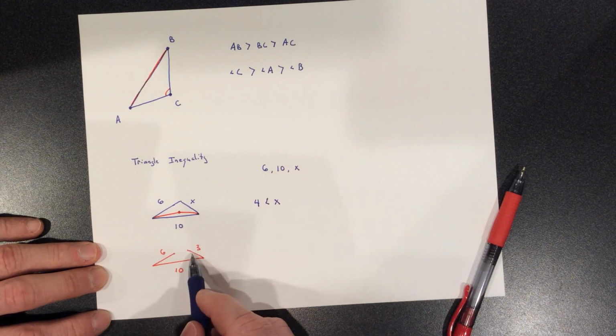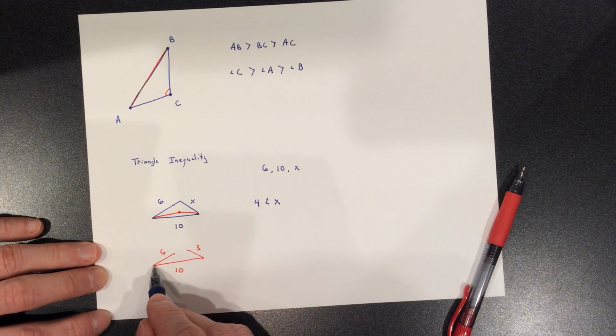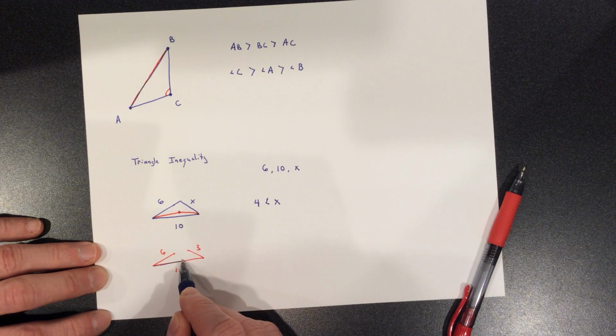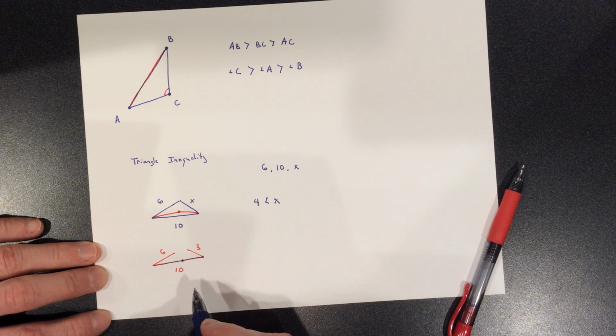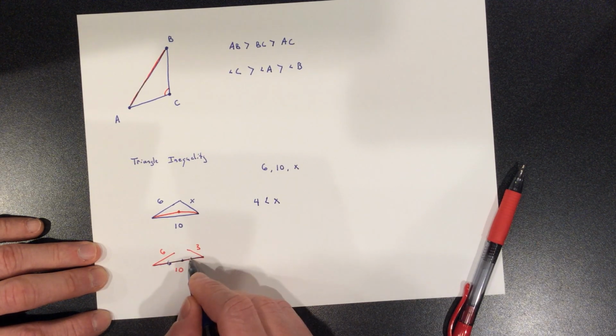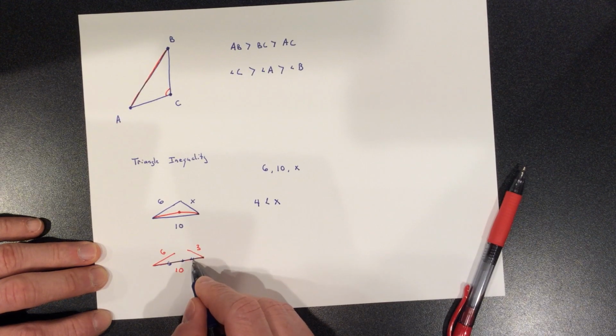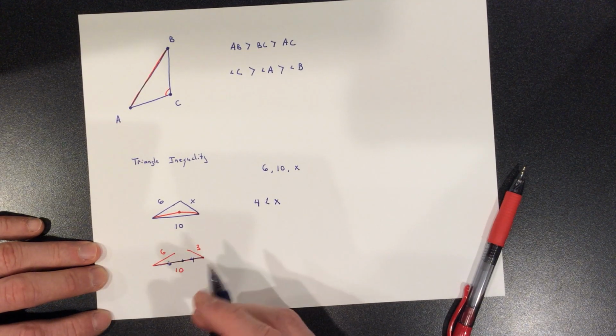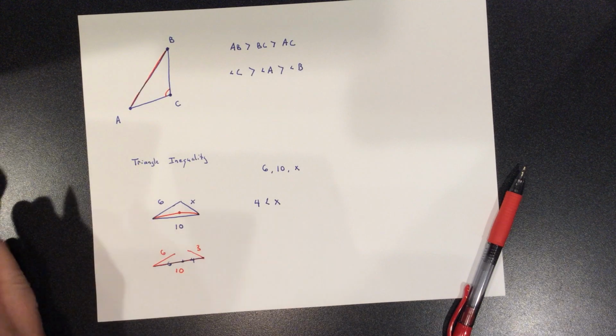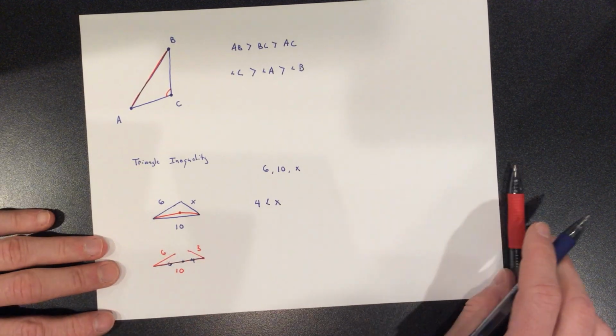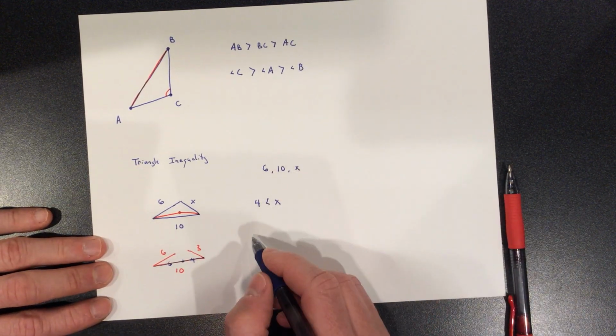If it was 6 and 4, they would lay completely flat with the 10, and that wouldn't actually form a triangle. That would just be 6 across and 4 across, and there would be no bend to it, meaning no triangle. Okay, so that's the lower bound, but how big could it be? Well, now let's imagine x is the big side.